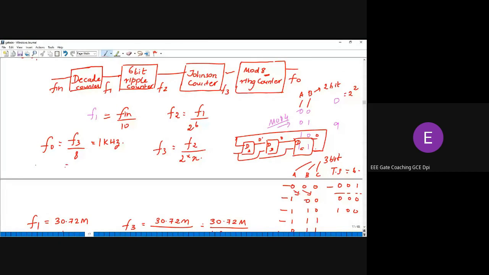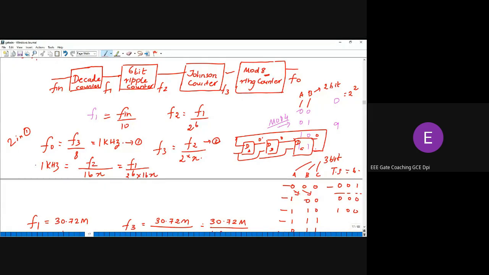F3 is, I'm going to substitute this 2 in 1. If I substitute, I will get F2 divided by 16x, that is equal to 1 kilohertz, right? So what is F2 now? F2 is F1 divided by 2 power 6 into 16x.